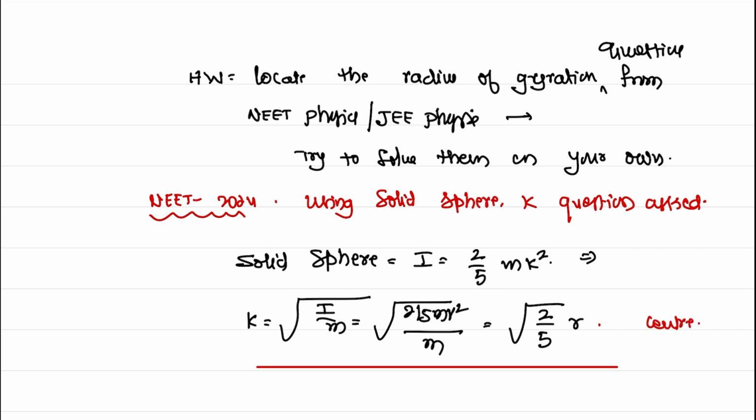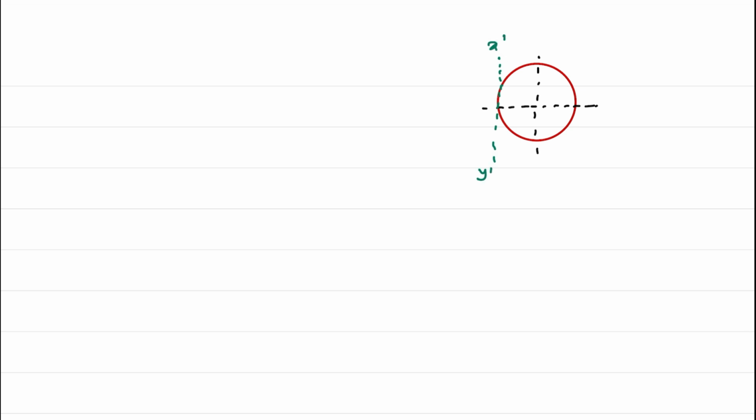What is asked in the question, please see. Whatever we had in the previous discussion is about the center. You please try to understand. This is the center. About the center I have given you. Now what they have asked is about x dash, y dash.